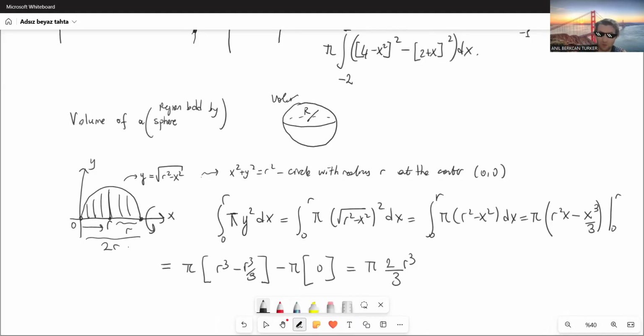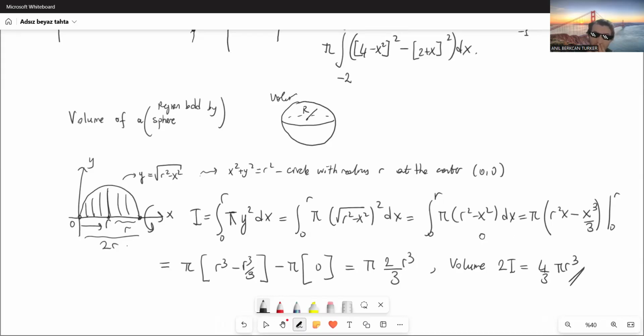So this whole calculation is correct, but the volume, if this is called I, then volume is 2I, which is 2 over 4 over 3 pi r cubed, as always. What I did was taking the half of the boundary, not all. Okay. Now we are fine.